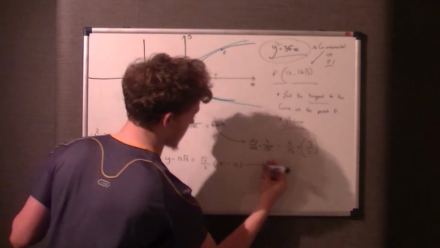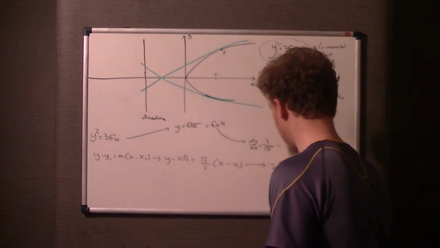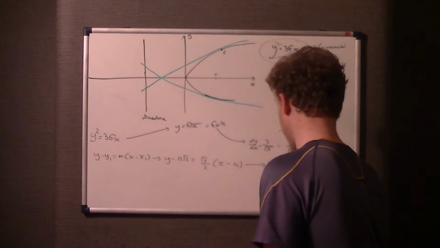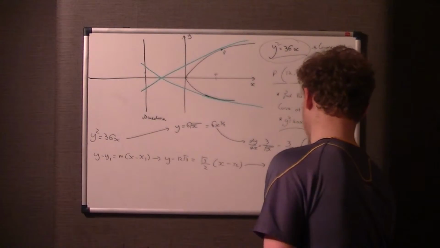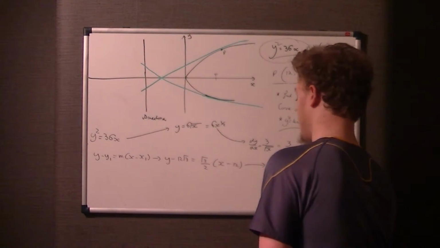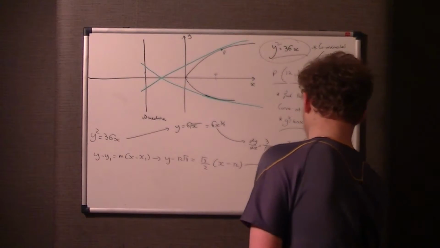Then you times both sides of the equation by 2, so it'd be 2y take 24 root 3 equals x root 3, and then you times root 3 by 12, so you get negative 12 root 3.